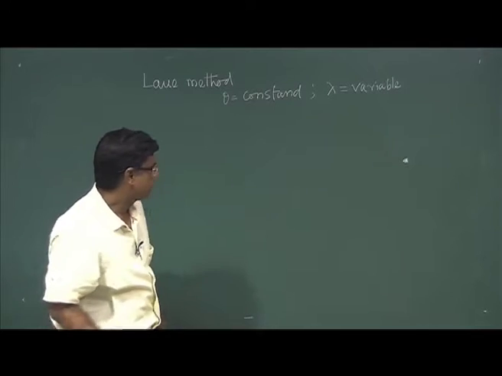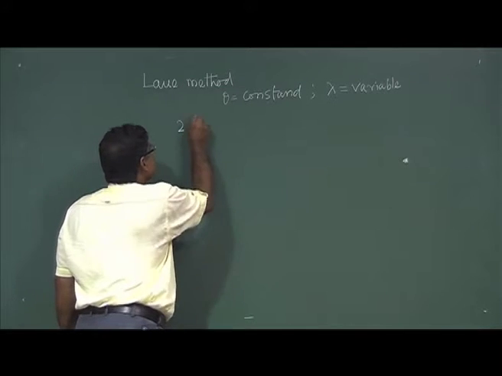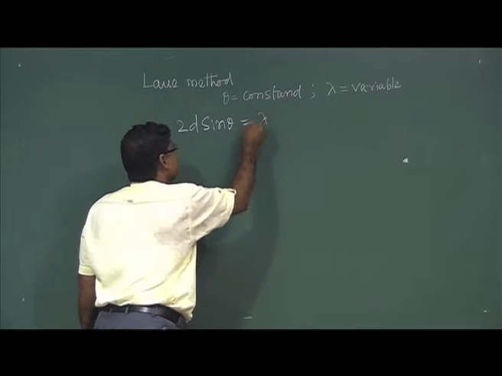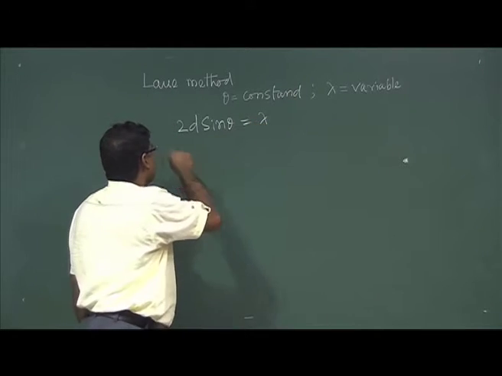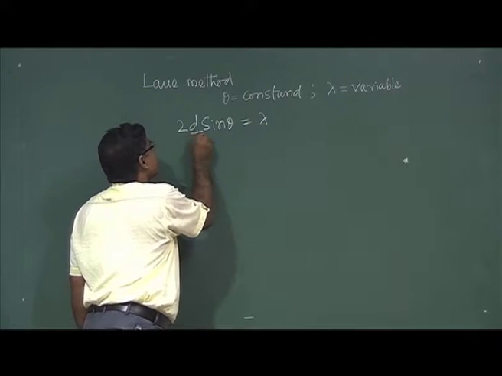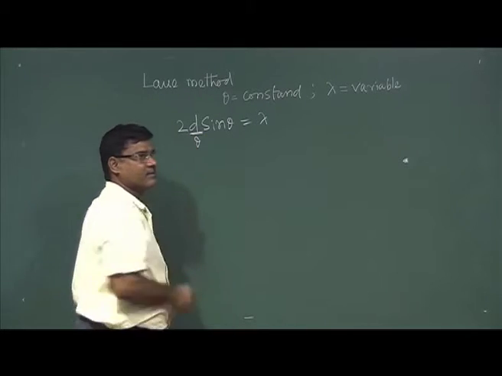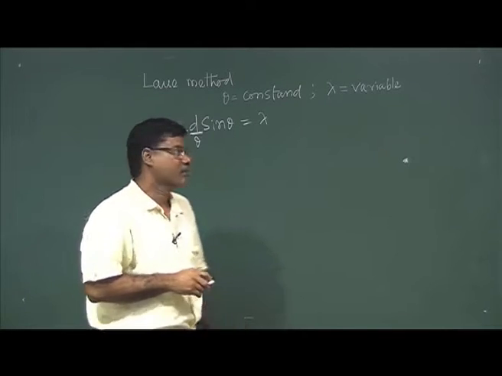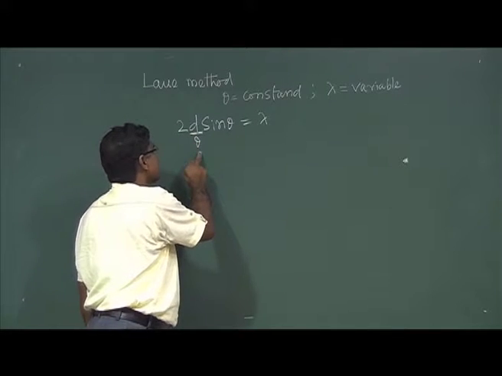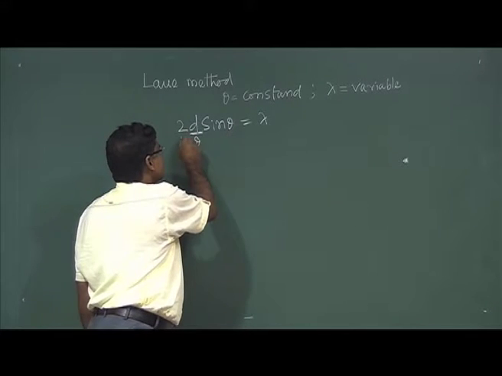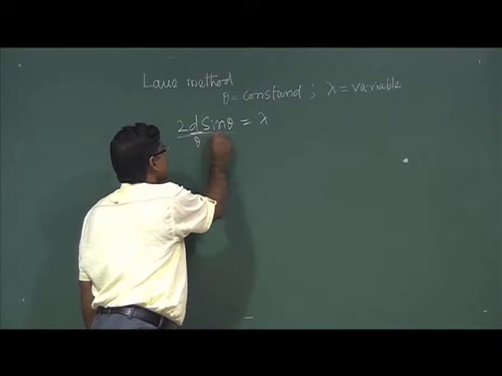From Bragg law, 2d sin theta equals lambda. For different d, theta is fixed. For a particular d, theta is constant. So, for a particular plane, this part is constant.